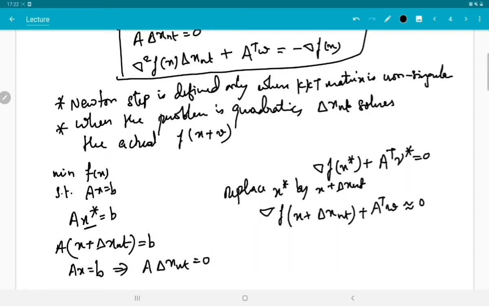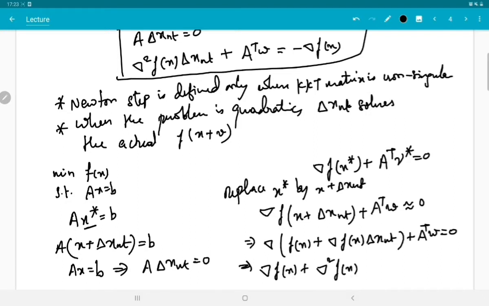Now the first order approximation of this term del f(x plus delta x_nt): if we write it down, what we have is del f(x) plus del square f(x) delta x_nt, plus A transpose w equal to 0.